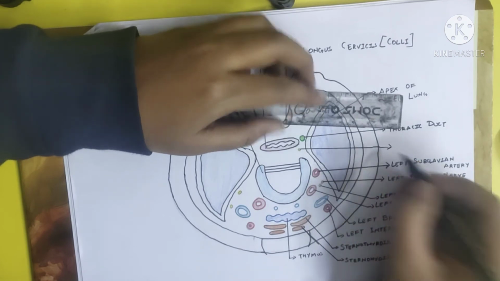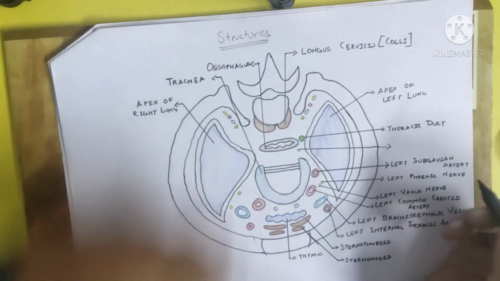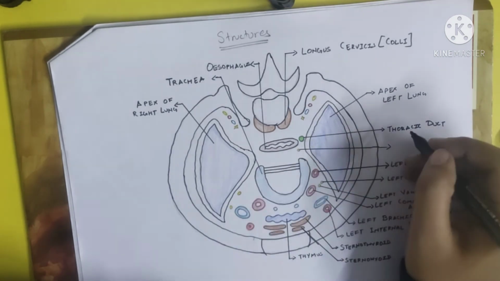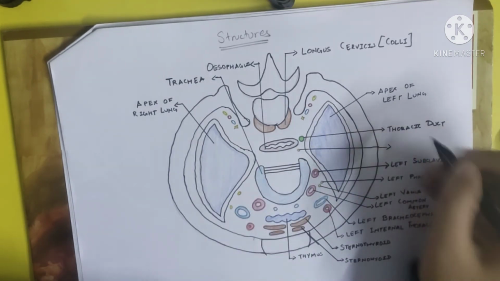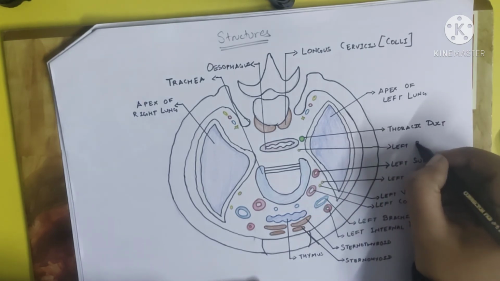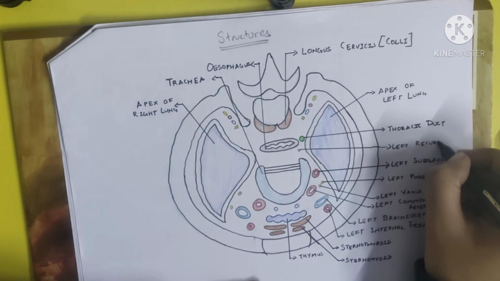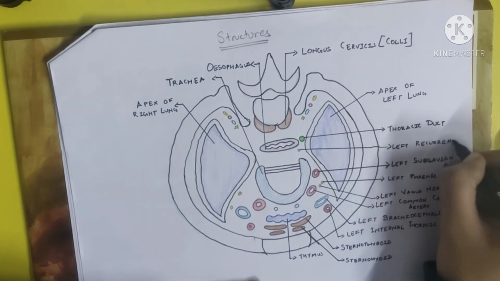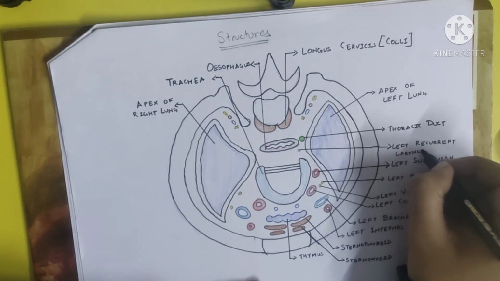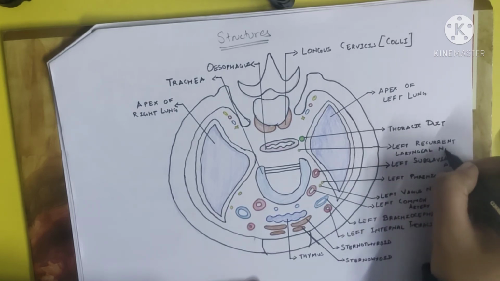Like I said, I've colored them just so you can see the differences. This is yellow, so that's a nerve, and that is your left recurrent laryngeal nerve.